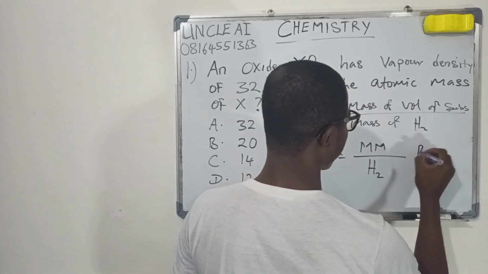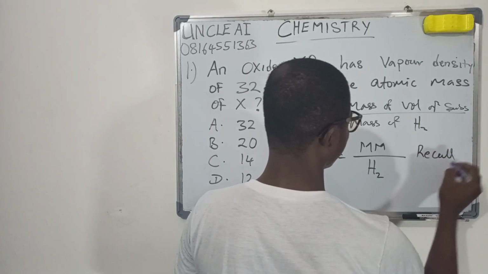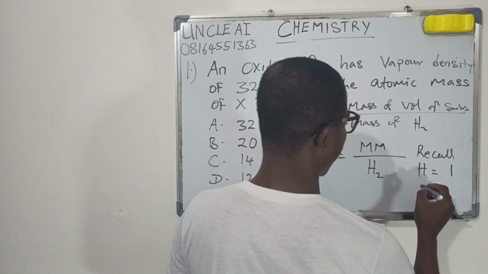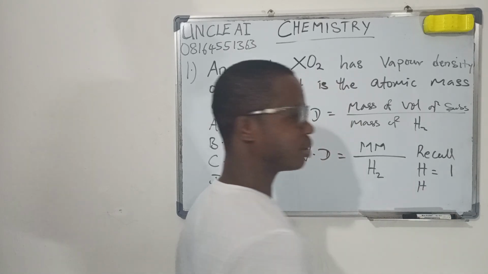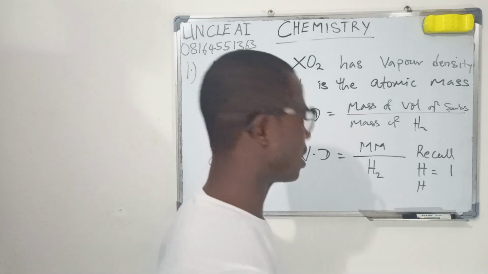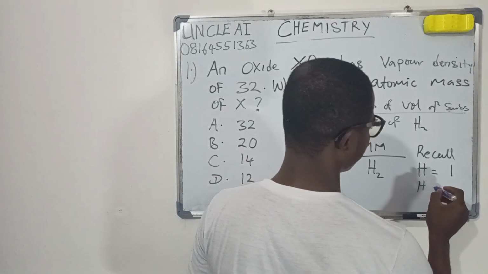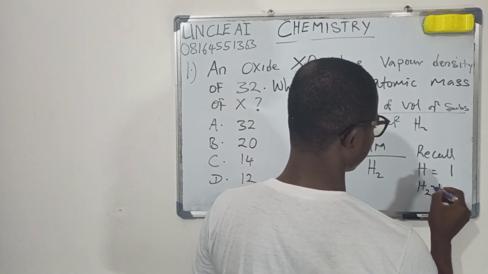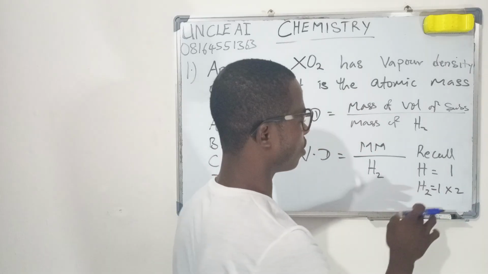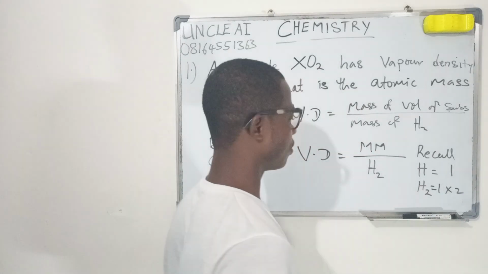Now you recall that the atomic mass of hydrogen is 1, and then the molecular mass will now be 1 times 2, because in its molecular form it has 2 atoms of hydrogen.